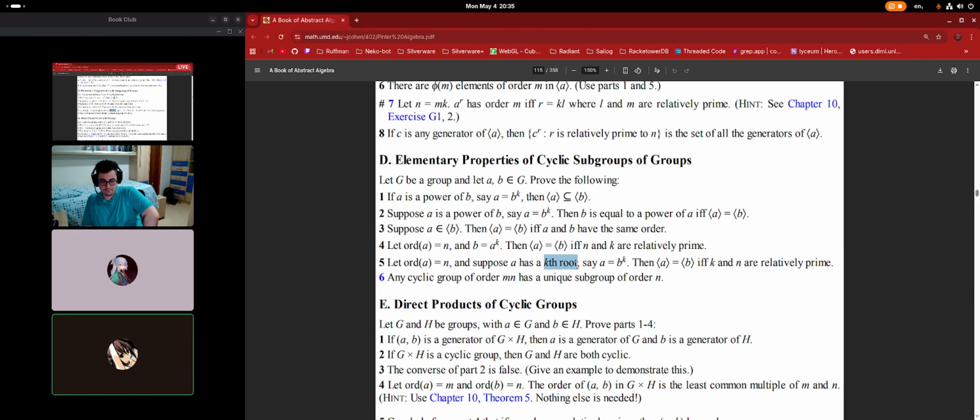It's a B such that B to the power of K is A. So essentially, it's the number whose kth power equals A. Cool. Any comments so far on D? Not really.